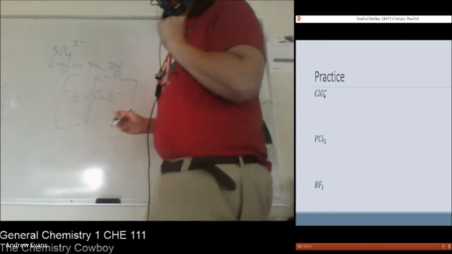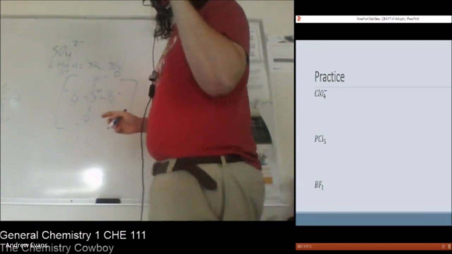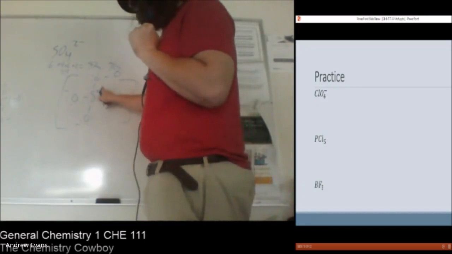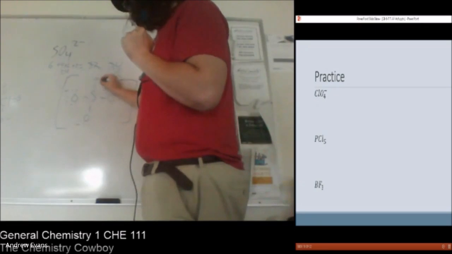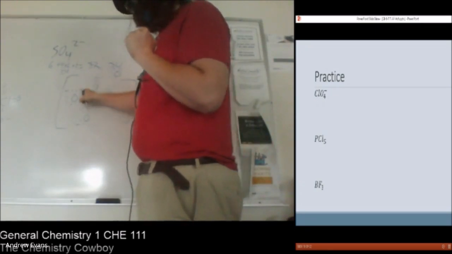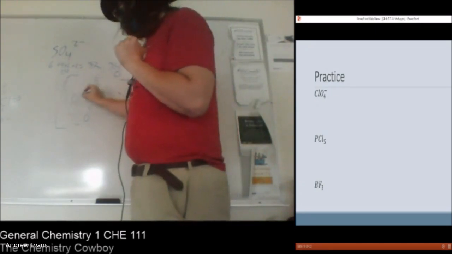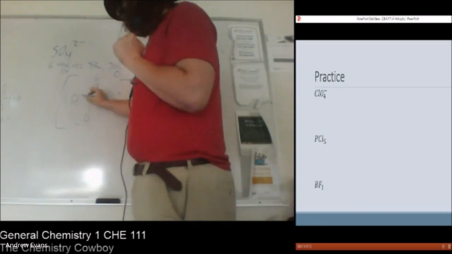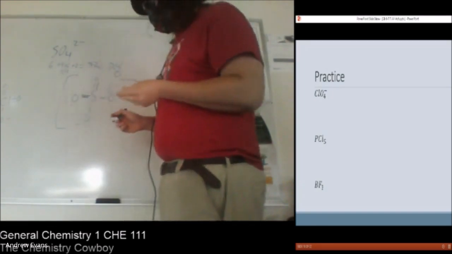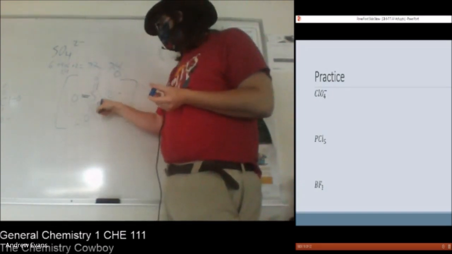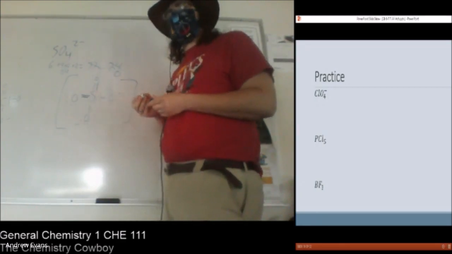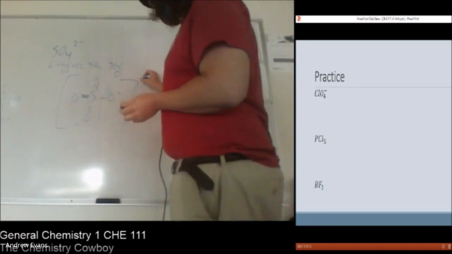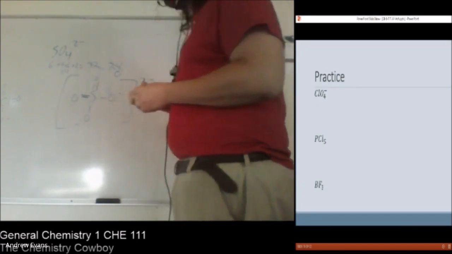To get rid of that formal charge, we would have to make 2 double bonds. So moving one of these guys down, I'll go ahead and take that one, move one of these guys over. Now, sulfate has 2 double bonded oxygens and 2 single bonded oxygens to give this overall charge of 2-.